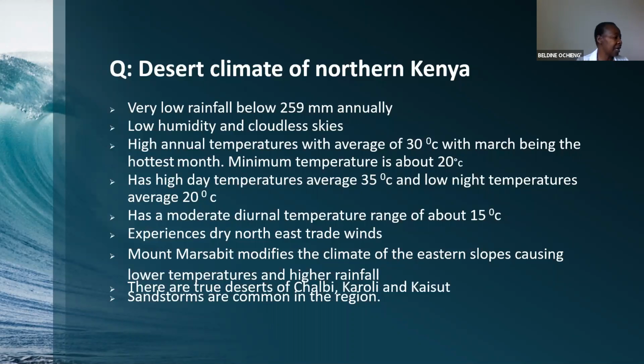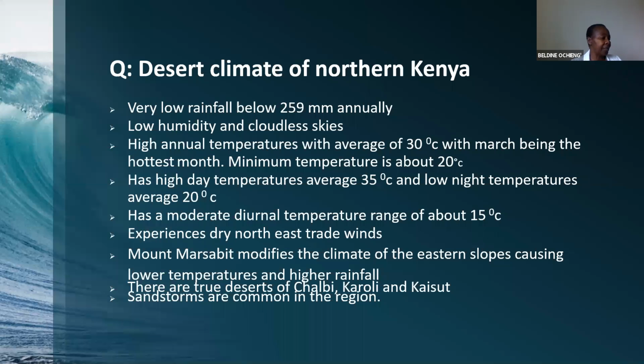the cooler it becomes. There are true deserts like Chalbi, Karoli, and Kaisut. Those are true deserts in the northern part of Kenya. Then sandstorms are very common in this region.